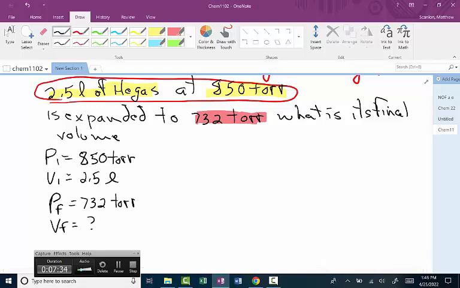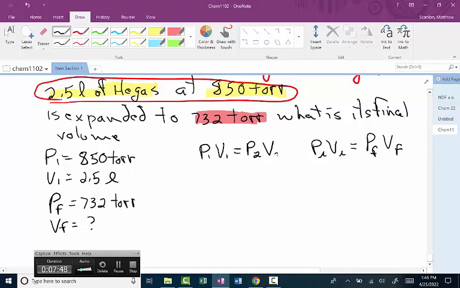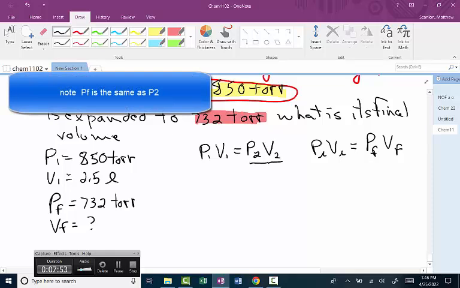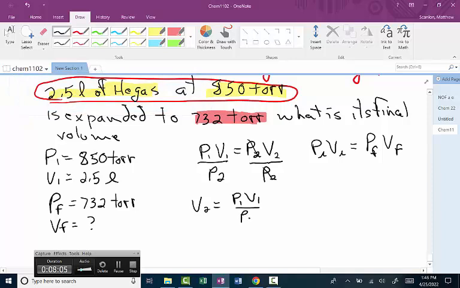All I do is write my equation down, P1 V1 equals P2 V2, or P initial V initial equals P final V final. I divide both sides by P2, that will cancel over here, and I get V2 is equal to P1 V1 over P2, and all I do is plug my numbers in.